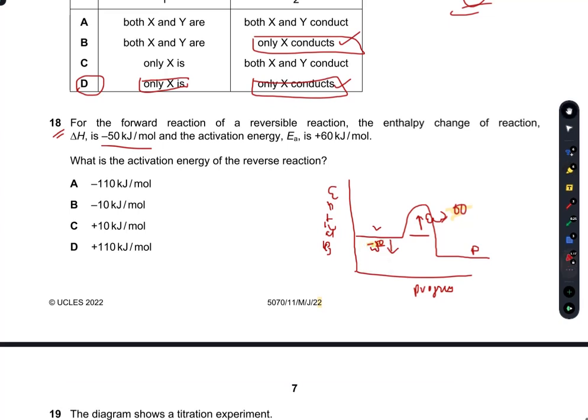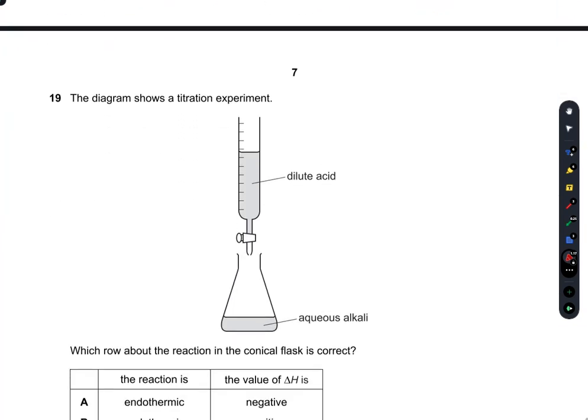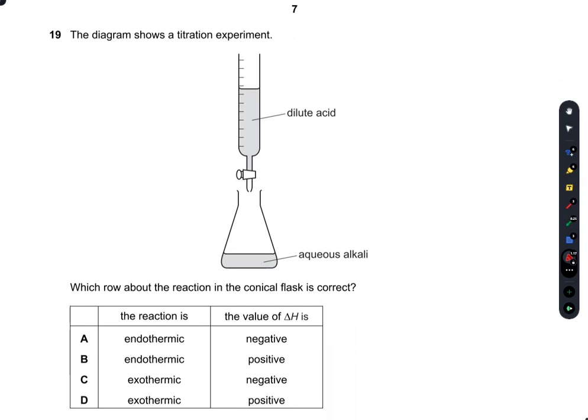Now for the reverse reaction, I will have to go this way. So that will simply be 60, and this negative 50 would convert into plus 50 to give me 110 kilojoules per mole. So D is our right option. The diagram shows a titration experiment. Which row about the reaction in the conical flask is correct?